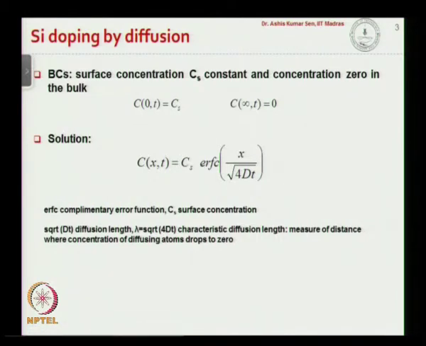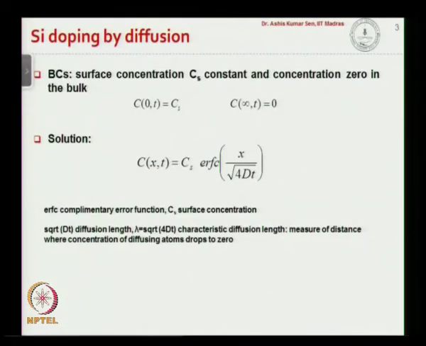Here, in the first case, we are assuming that the concentration of the dopant at the surface doesn't change with time, which means that there is an infinite supply of dopant at the surface. So what it means mathematically is that C at x equal to 0 and any time is equal to Cs.